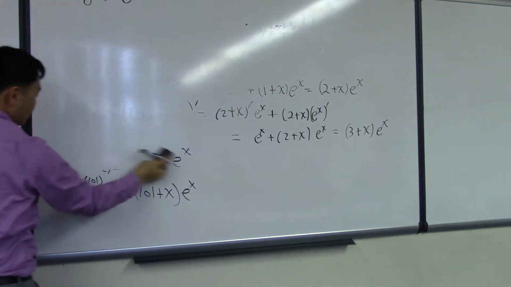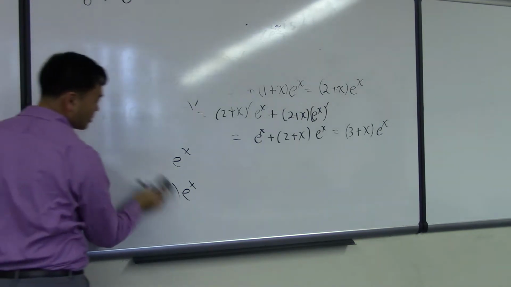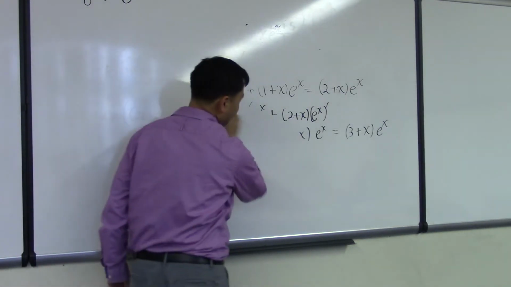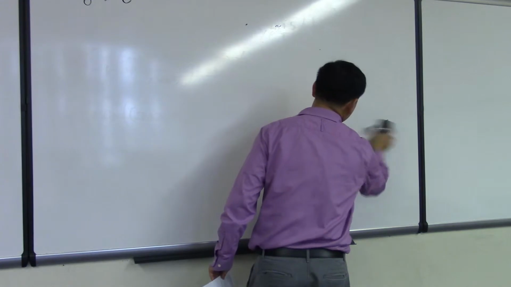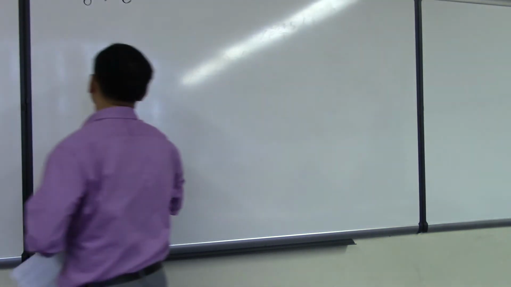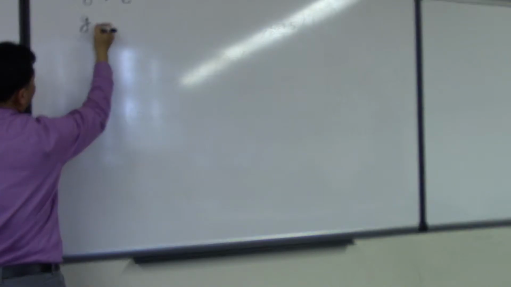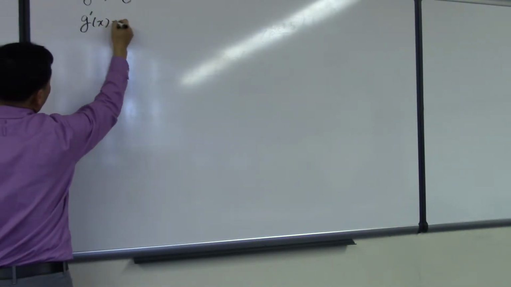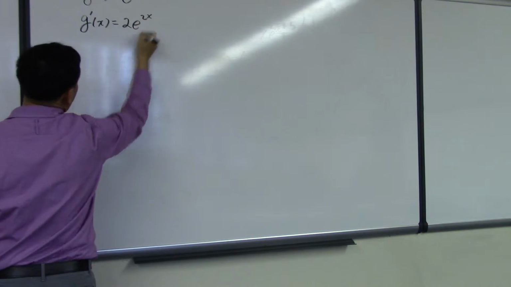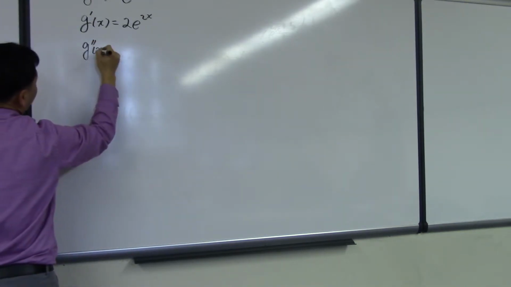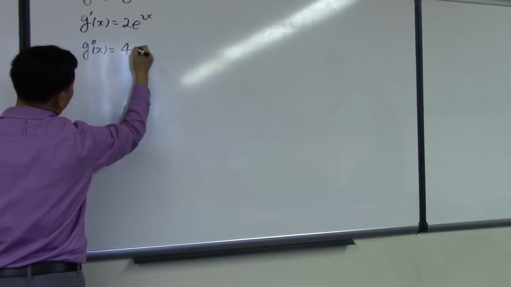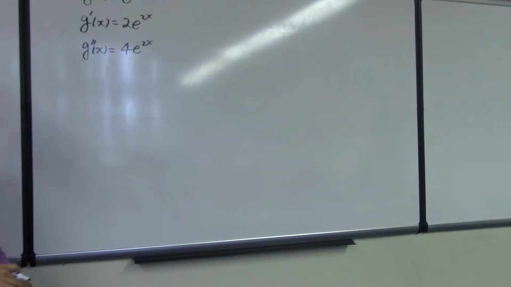Same method. Just differentiate once, twice, third time. You see a pattern, and then just use the pattern to figure out what the general derivative is. G prime of x is 2e to the 2x. G double prime of x equals 4e to the 2x, just by the chain rule, right?